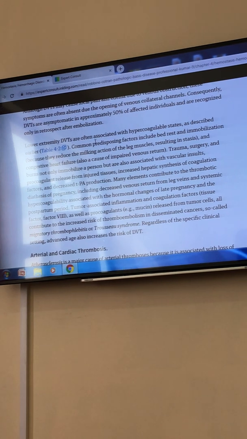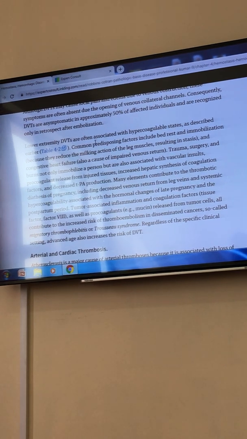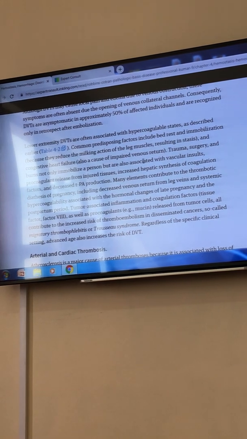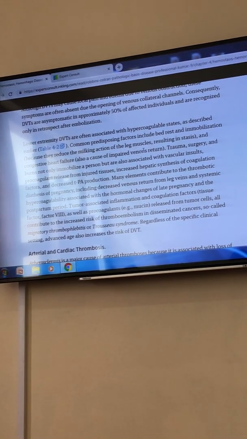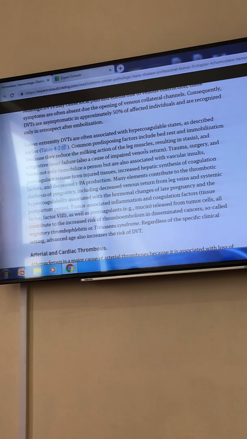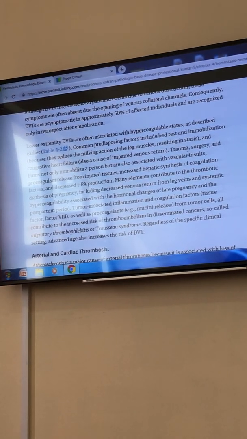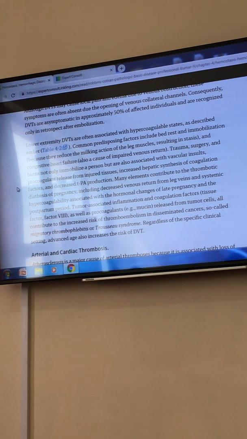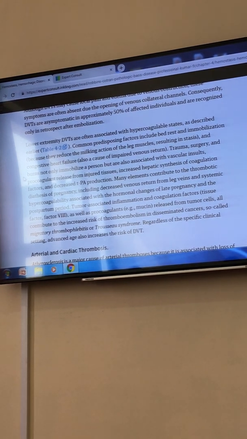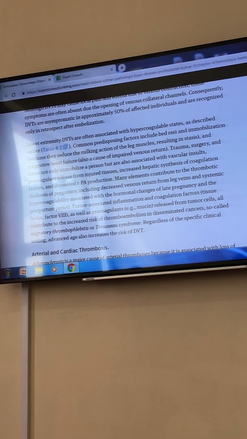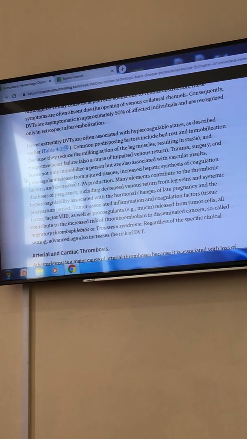These patients have hypercoagulable states. Also in pregnancy, there is more probability of varicosities and deep leg vein thrombosis, or trauma, surgery and burns. Not only do they cause a person to have bed rest, but they also increase the hypercoagulable state.